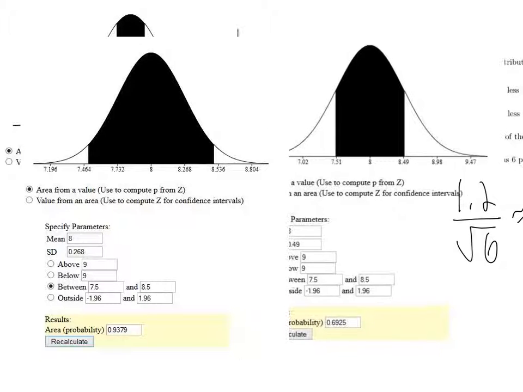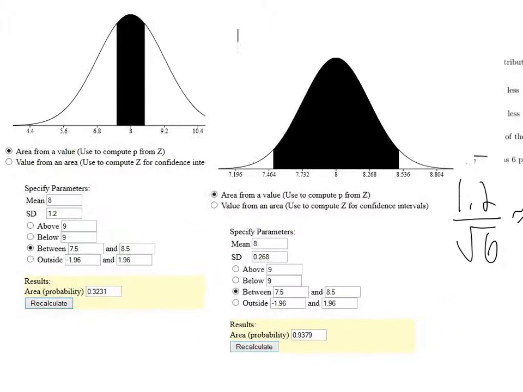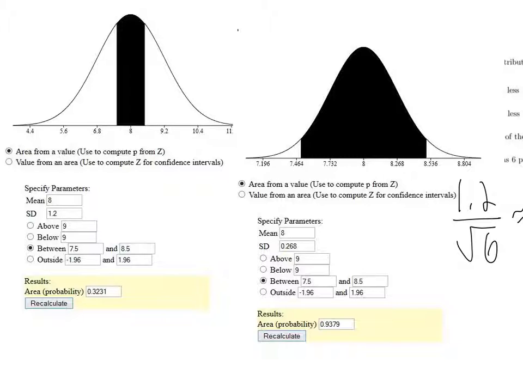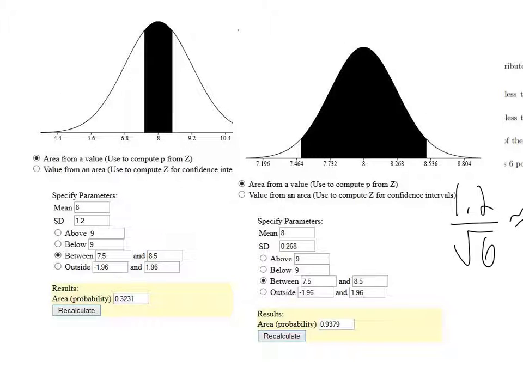We're within 2 standard deviations of the sample size of 4, and we're all within 1 standard deviation of the regular population. So sampling distributions have a lot less variation, which means those averages.